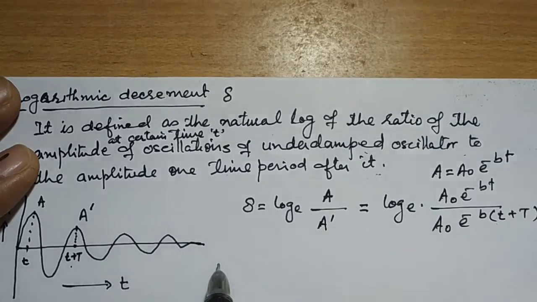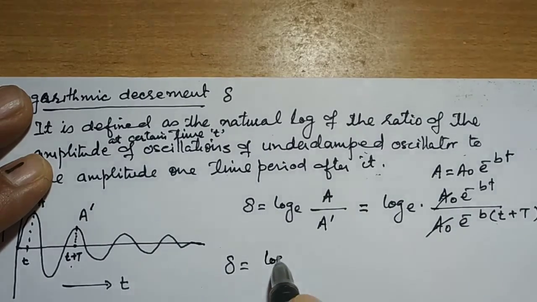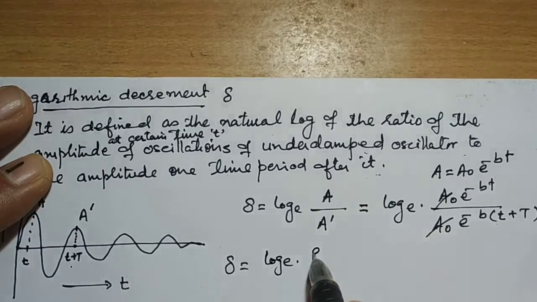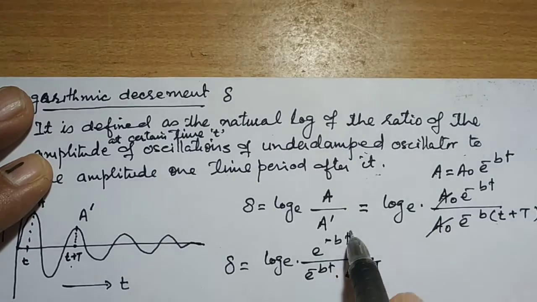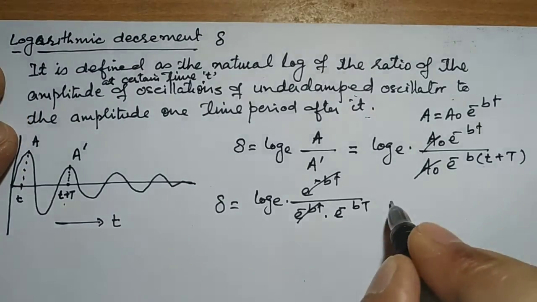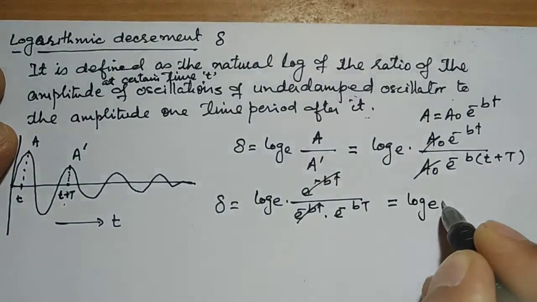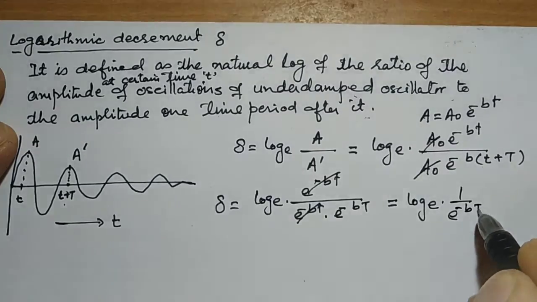Now solving, A naught cancels, and in the denominator we can split the terms e^(-bt) into e^(-bT), so e^(-bt) cancels.